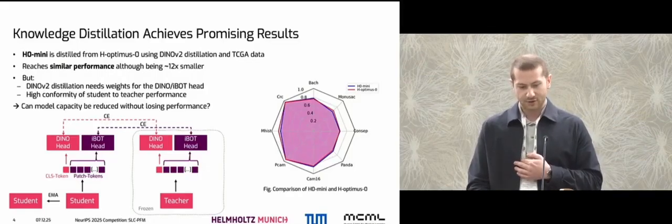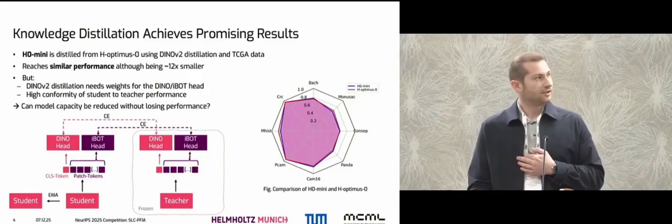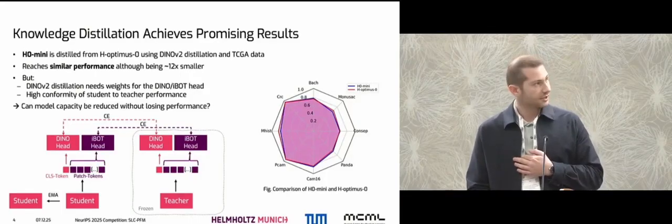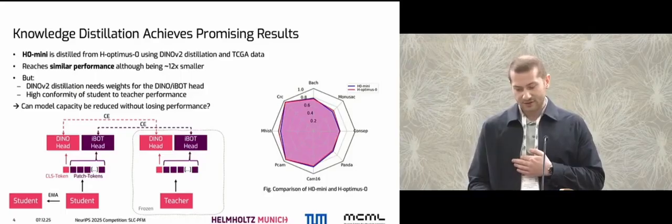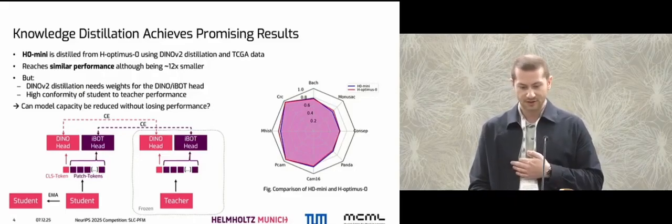An example is the recently released model H0-mini that is distilled from H-Optimus-0 using standard DINOv2 distillation and TCGA data. And as you can see on the radar plot at the right side, at least on those benchmarks, it almost achieves the performance of its much larger teacher model that is 12 times larger. So it's promising.